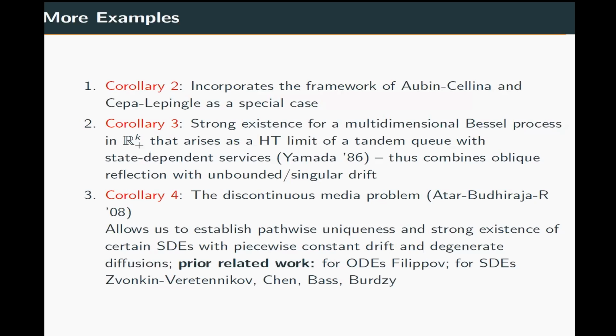And you can ask, when do you have a solution even to the ODE or the SDE associated with that? Of course, we know from Veretennikov that you have strong existence as long as you have an elliptic diffusion, but our result allows us to have degenerate diffusions as well in that setting.